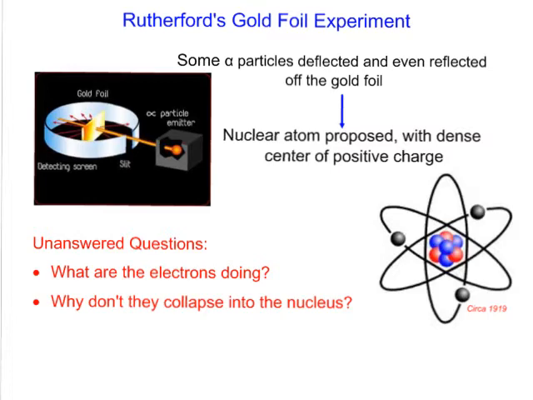He thought that if we really had a plum pudding model with small positive charges throughout the atom, this large alpha particle should just shoot straight through and not be deflected the way it is. He was very confused about that, and it led him to propose a nuclear atom. That means an atom that has a dense nucleus, with positive charge packed together in one central location. And that was a new idea for the world.